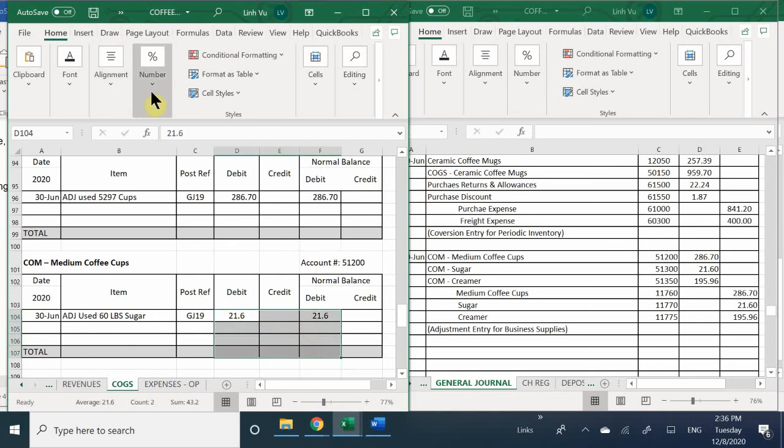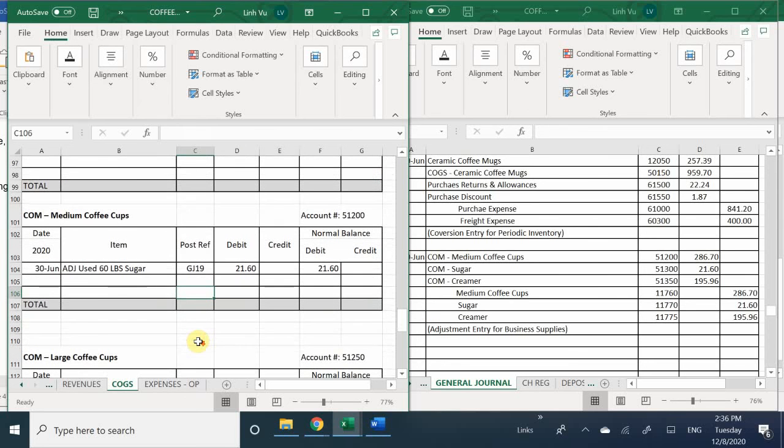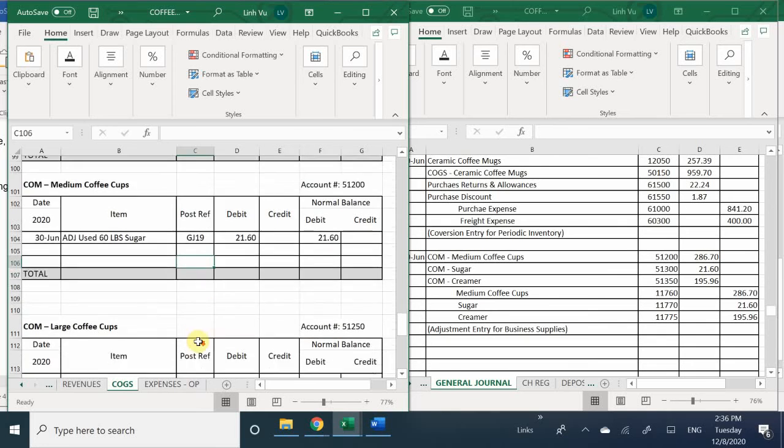The debit column, 2160. And creamer right below.